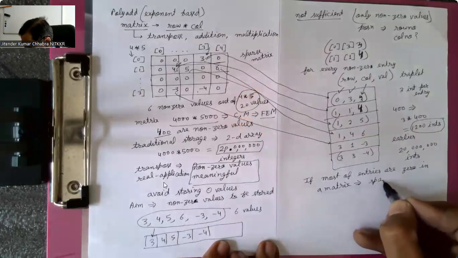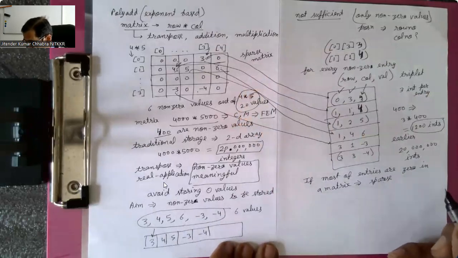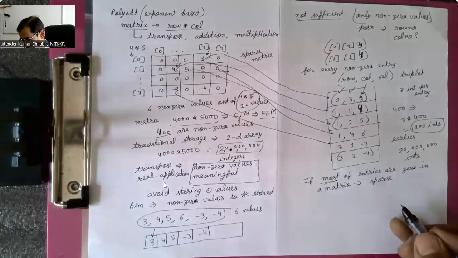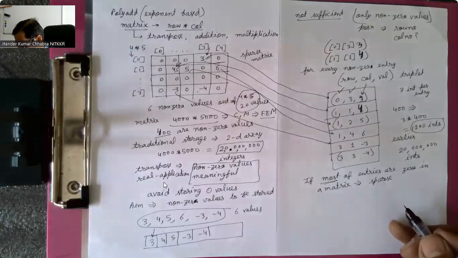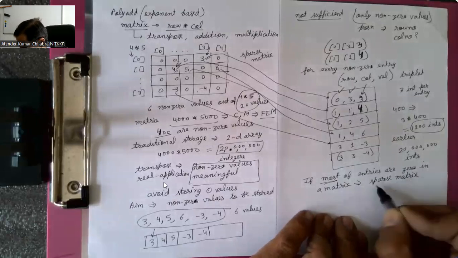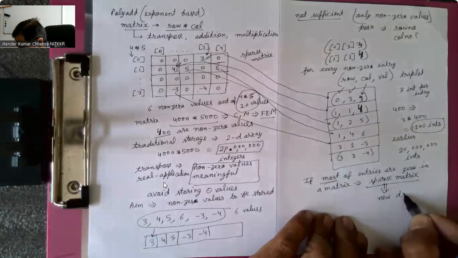Now, most may be defined in some sense, maybe 80%, 70%, 90%, whatever, but most definitely means much more than 50, 60%. And this is another new data structure which we are going to focus on today.